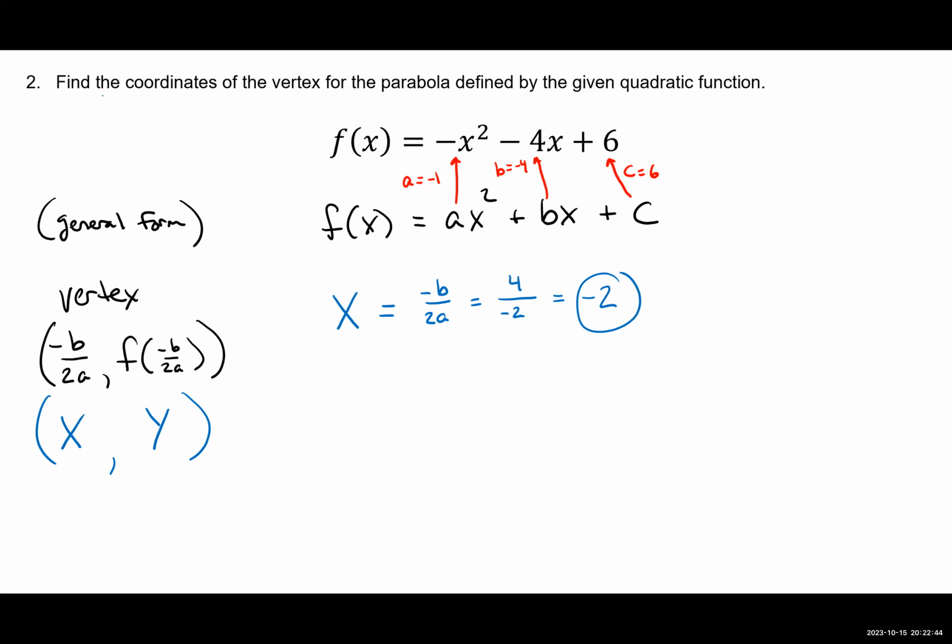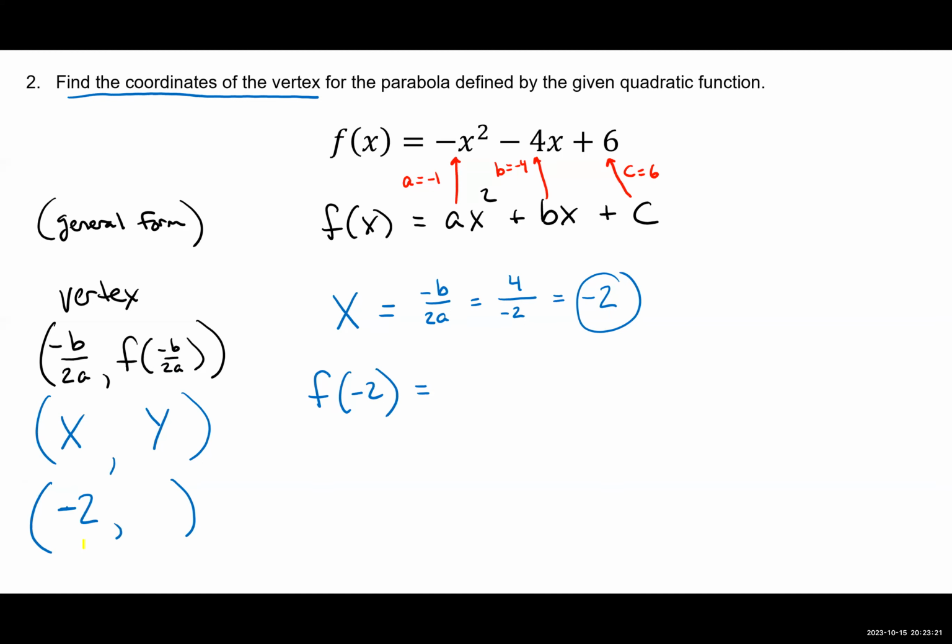All right, we're looking for the coordinates of the vertex. So our answer is going to be -2 comma something. What this f of -b over 2a means is it just means take that -2 and plug it into your function. F of -2. So instead of -x squared minus 4x plus 6, you go back to your original function.